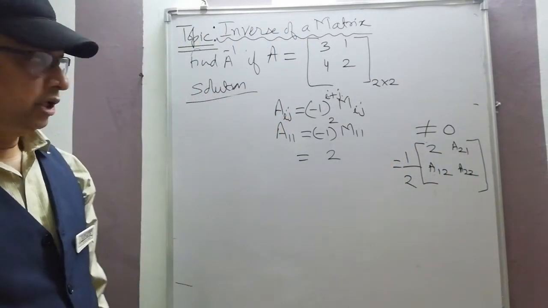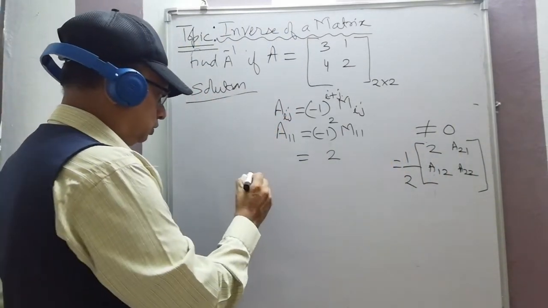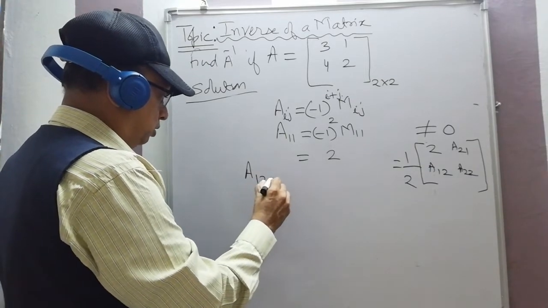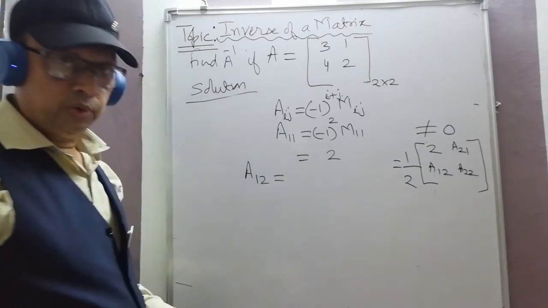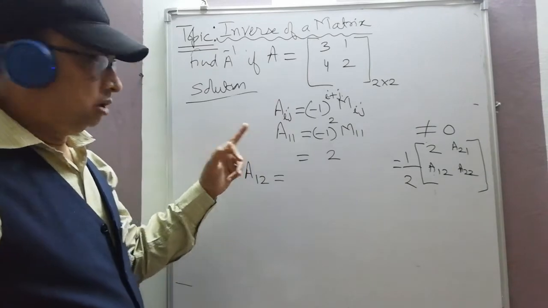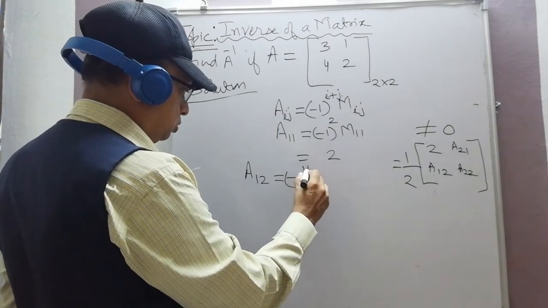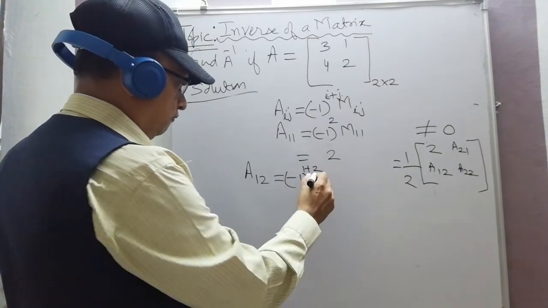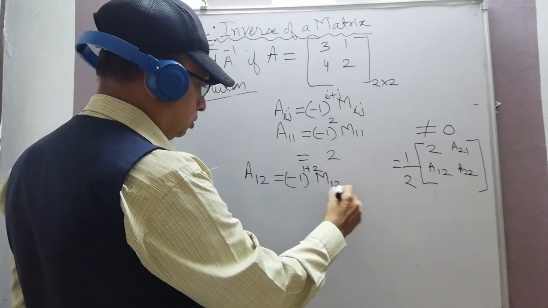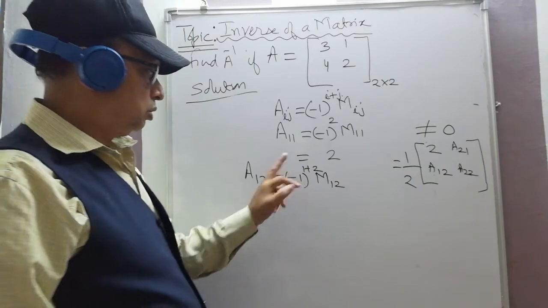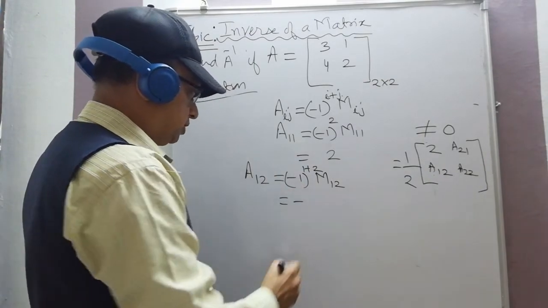Now I will find A12. Again I am using the identity. It is minus 1 to the power 1 plus 2, M12. Minus 1 to the power 3, that is minus M12.